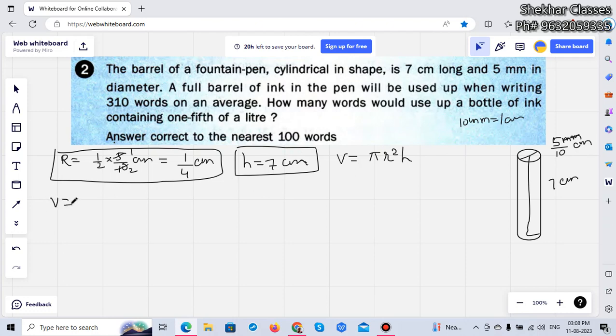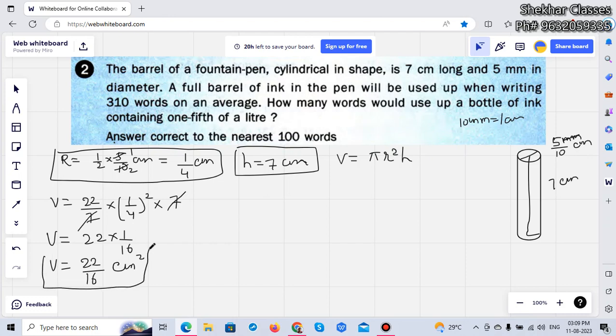So volume of the ink it can accommodate is 22 upon 7 into r, which is 1 upon 4, whole square, into h, which is 7. This 7 and this 7 will get cancelled. So 22 into 1 upon 4 square, which is 16. So we can say volume is 22 upon 16 centimeter cube.